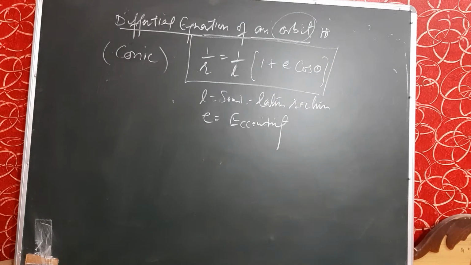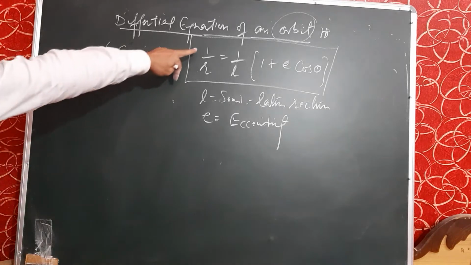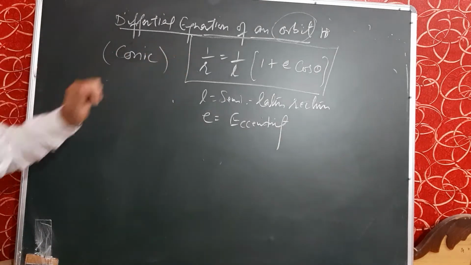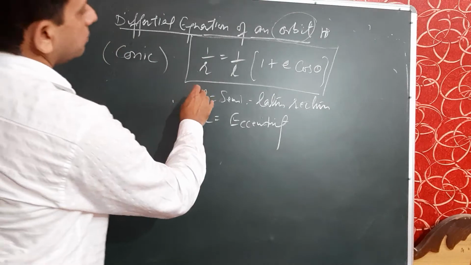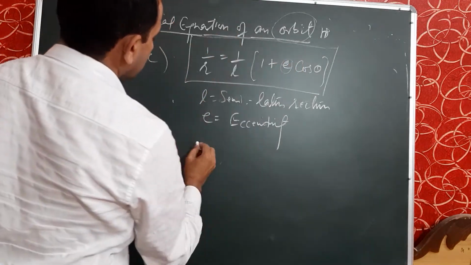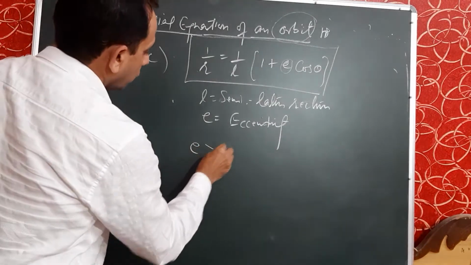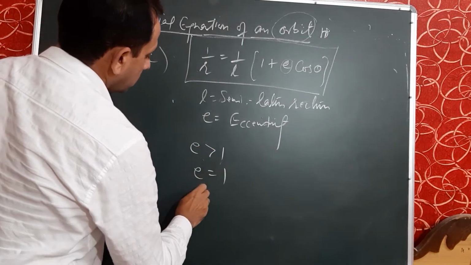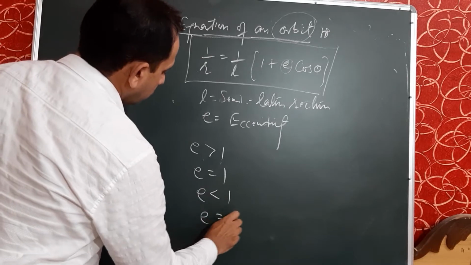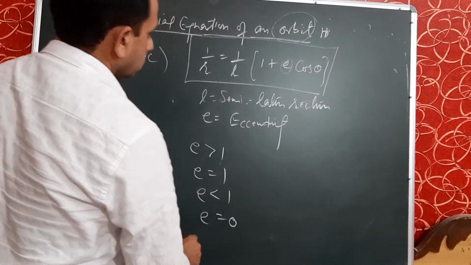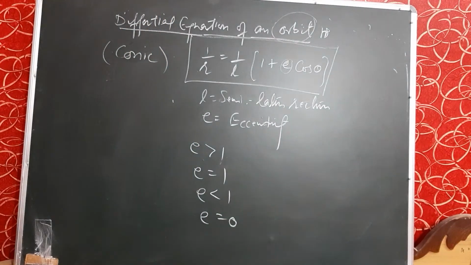Actually, it is not a single equation, it is a combination of 4 equations, because the value of E has 4 options: E is greater than 1, E is equal to 1, E is less than 1, and E equal to 0. So, this eccentricity has a variety of values.